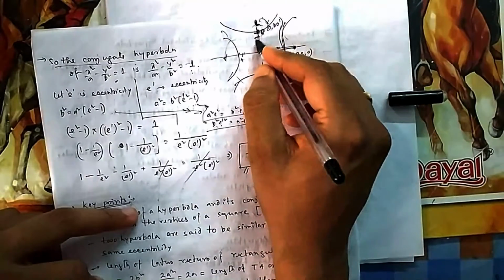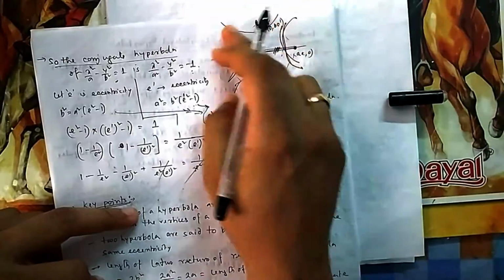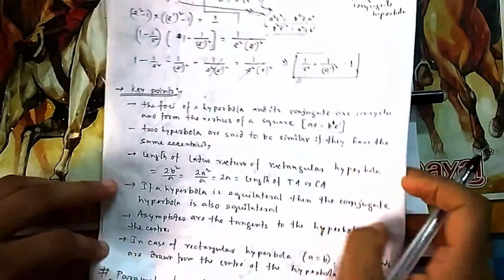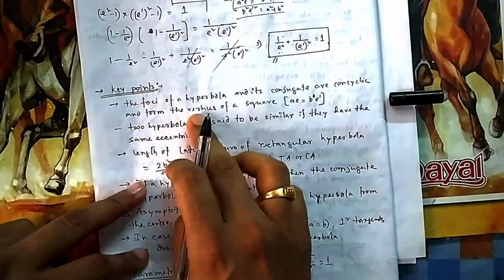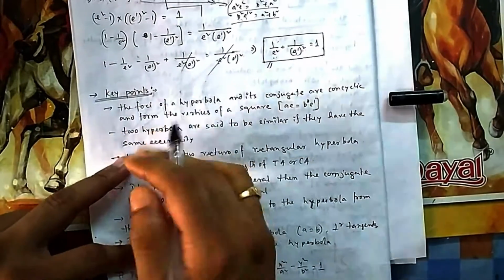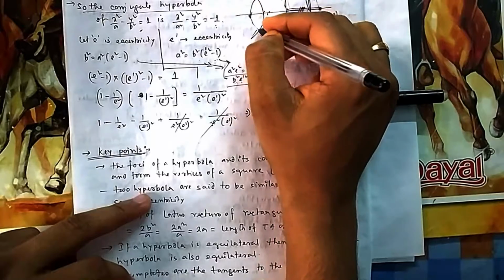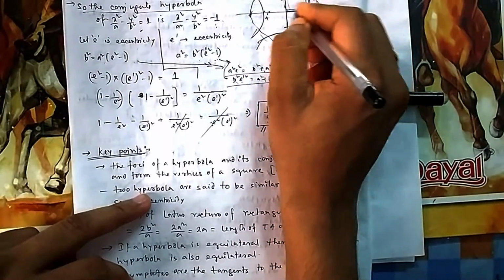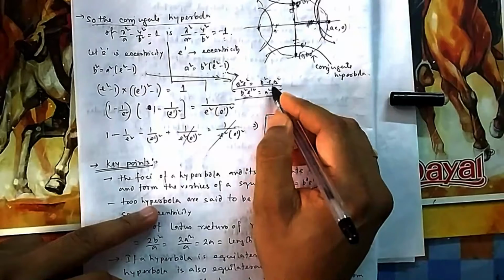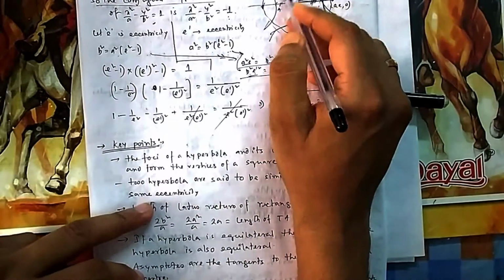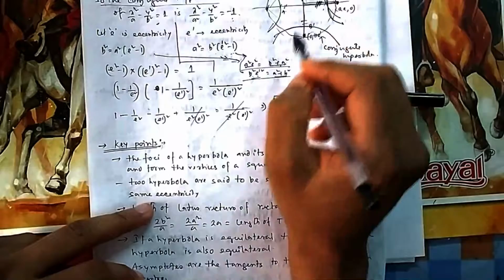This focus and this focus are at the same distance for the original hyperbola and the conjugate hyperbola. So the foci of the hyperbola and its conjugate are concyclic and form the vertices of a square. Concyclic means they are at equal distance, so you can draw a circle through these 4 points, because this will be the radius, this will be the radius, since both these lengths are equal to the square root of a square plus b square. And if you join them, they will form the vertices of a square also.